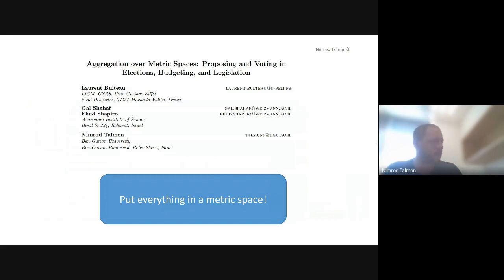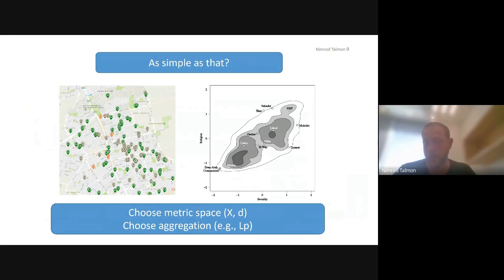And if we want to use this framework, the only thing that we have to do is basically to come up with a good metric space that will be relevant for this type of decision, and then we can run this general aggregation algorithm that runs on this metric space. So we tried to do this for several things.